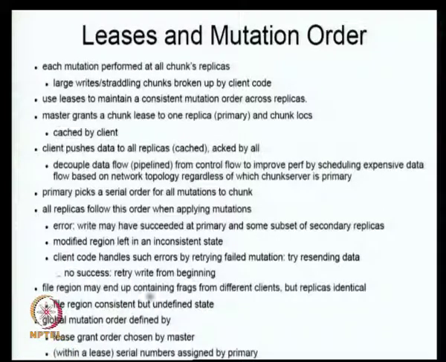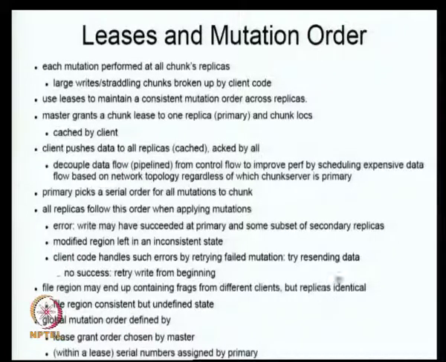So, the file region may end up containing fragments from different clients, but the replicas are identical. Our basic problem is that because of some of the errors, it may contain fragments from different clients, but you do not report success until all of them acknowledge that they finished writing it.